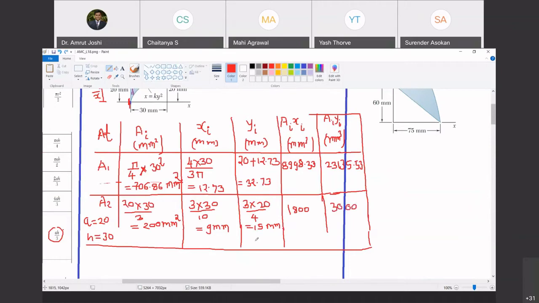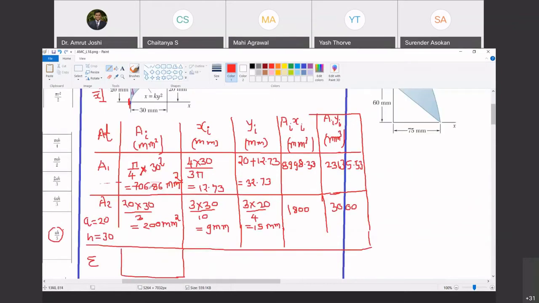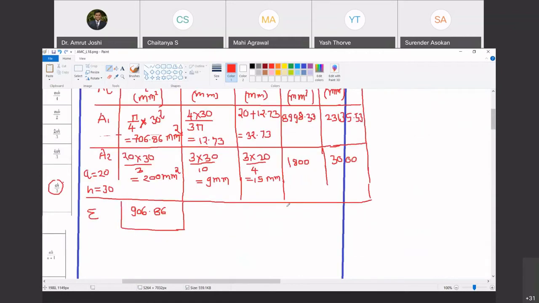Correct? Yes, sir. Now do the summation. So what is the summation of AI? Summation of AI is nothing but 706.86 plus 200 mm square. So 906.86. Do you agree with me? Yes, sir. Now tell me what is the summation of AIXI.